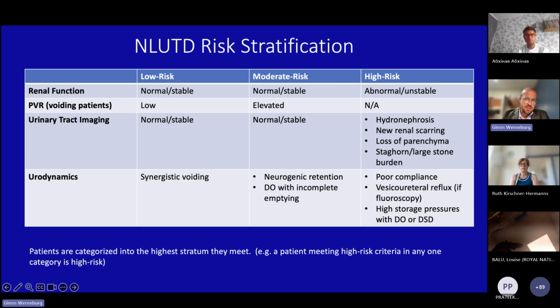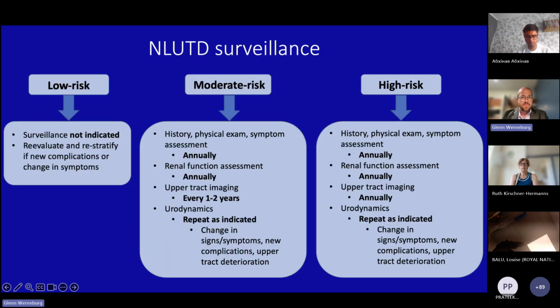So on upper tract imaging, if they have hydronephrosis or new renal scarring, loss of parenchyma, staghorn, large stone burden, or on urodynamics, if they have poor compliance, vesicoureteral reflux, high storage pressures with detrusor overactivity or detrusor sphincter dyssynergy, that would put them in the high risk group.